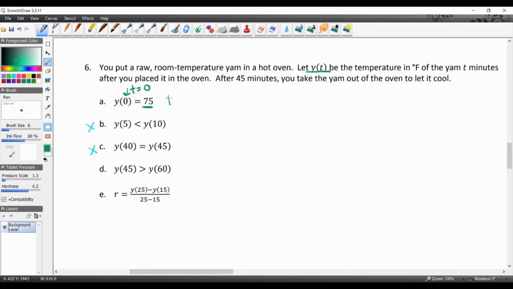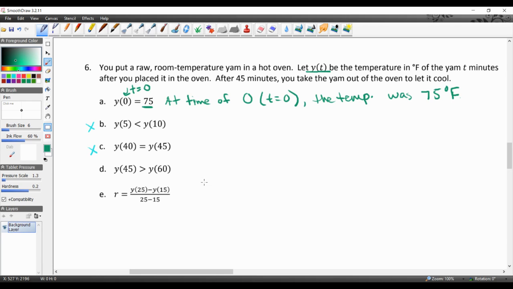We can say at time 0, or you can even say t equals 0, the temperature was 75 degrees Fahrenheit. I'm going to write this a little bit shorter because of the space. Something simple along those lines works.